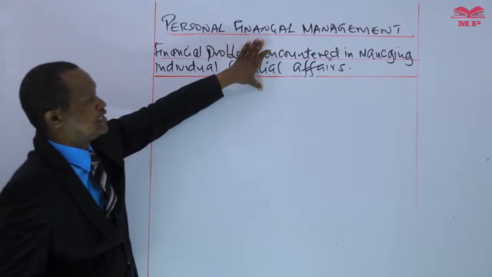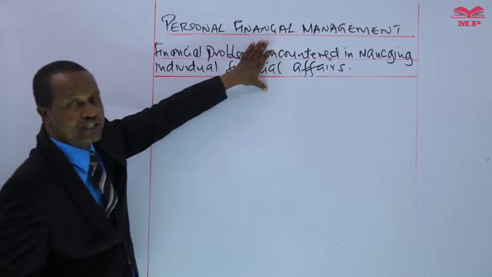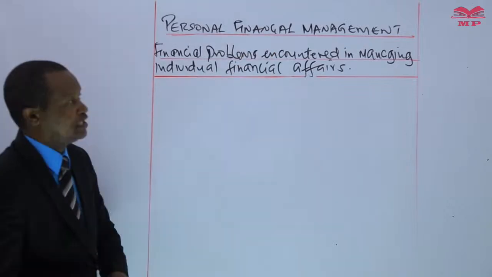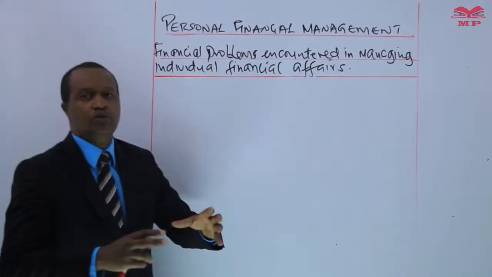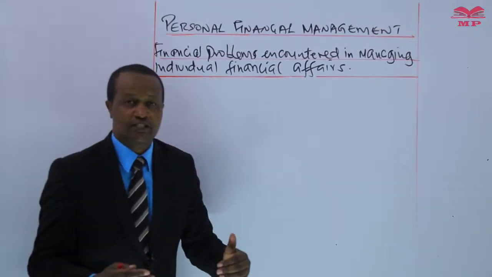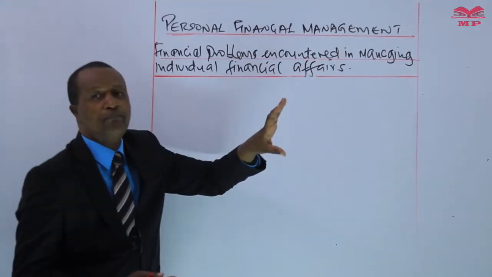During our first lesson in this subject, remember we categorize financial management into certain areas, and we say that financial management can relate to organizations like companies, businesses, and so on. There is also another aspect which is known as personal financial management.